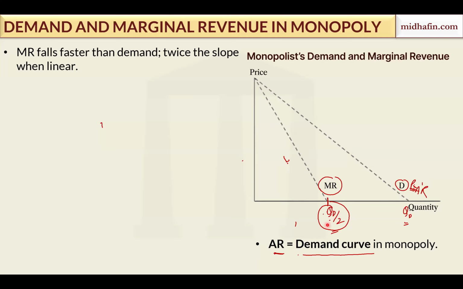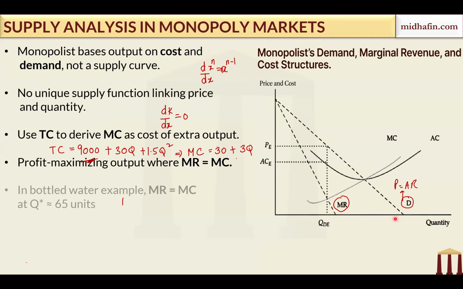It will be very difficult to understand if you don't have that geometrical intuition. So we'll understand this quite intuitively. Marginal revenue becomes 0 at half of this quantity, which means the x coordinate is half of the x coordinate of this. Now, if you extend this half, the reason it is saying that this QDE is in the elastic region is because it is to the left of the midpoint.